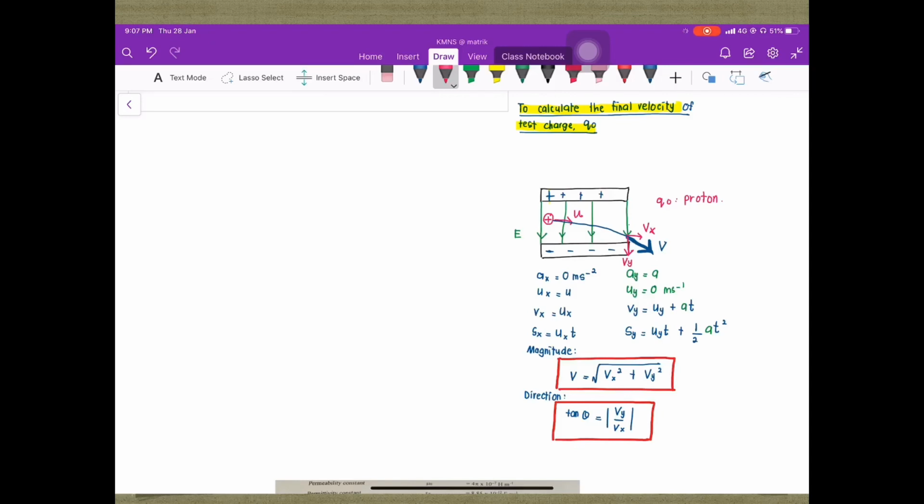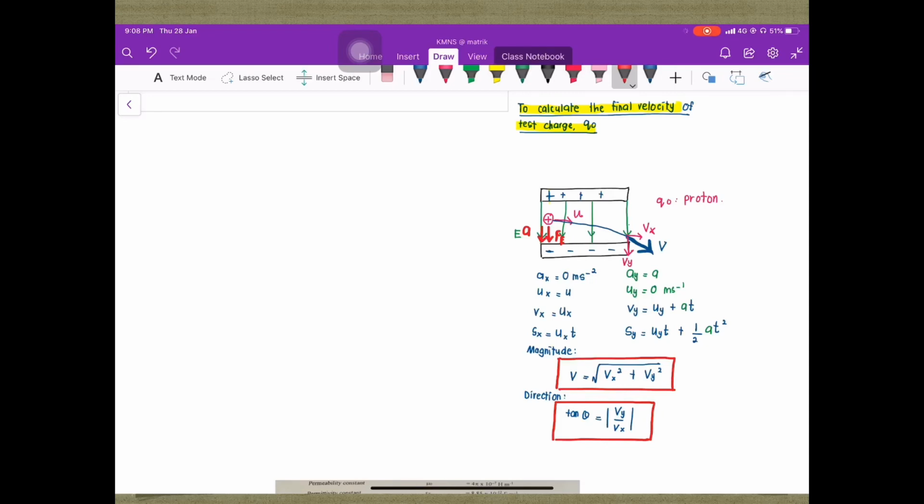When the positive charge is deflected downwards, it means the electric force produced should be downward, and the acceleration is also going downwards.